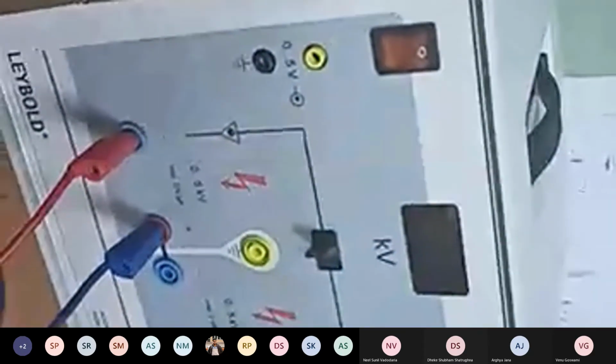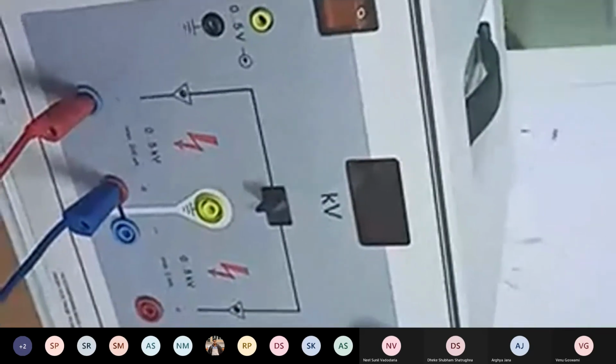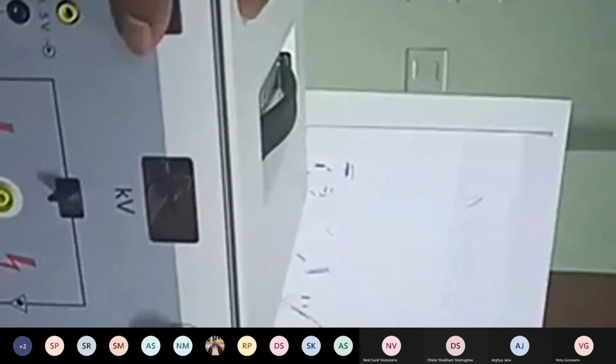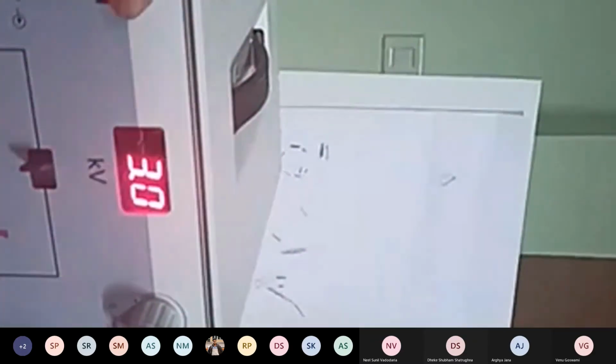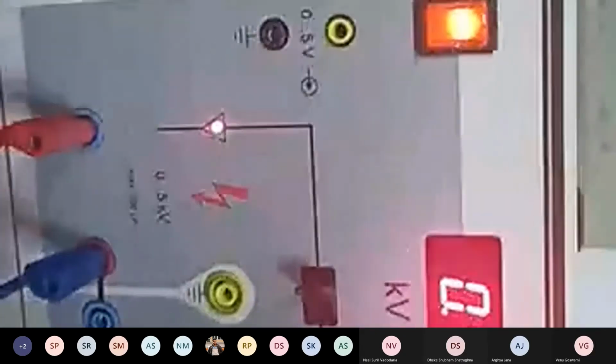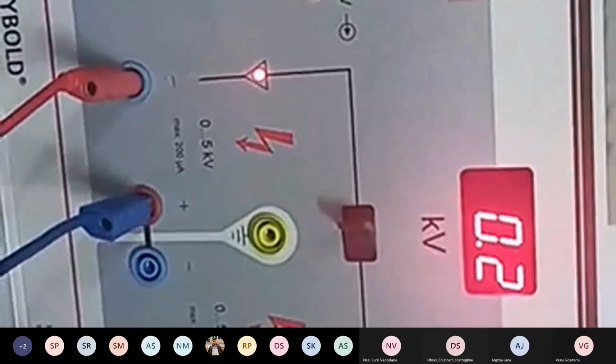Now we'll switch on the power supply. It is in the order of kilovolts, and we have to make sure that it does not exceed 2 kilovolt.